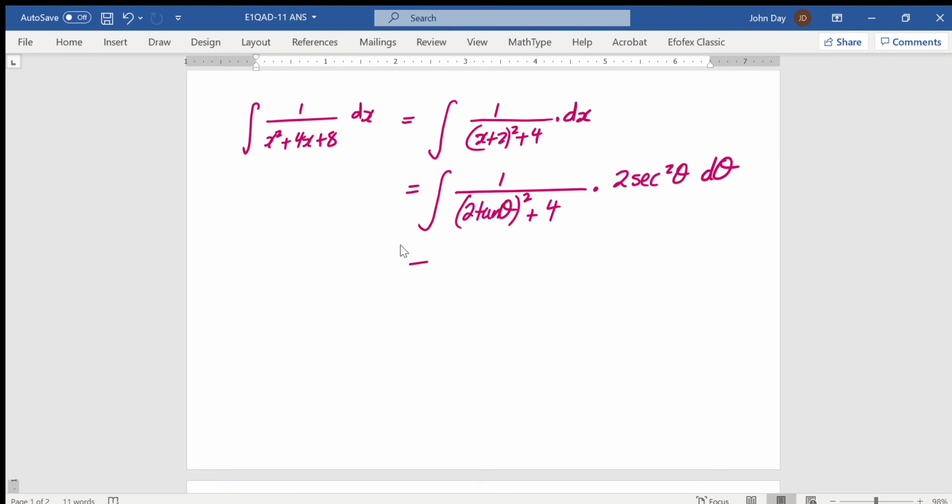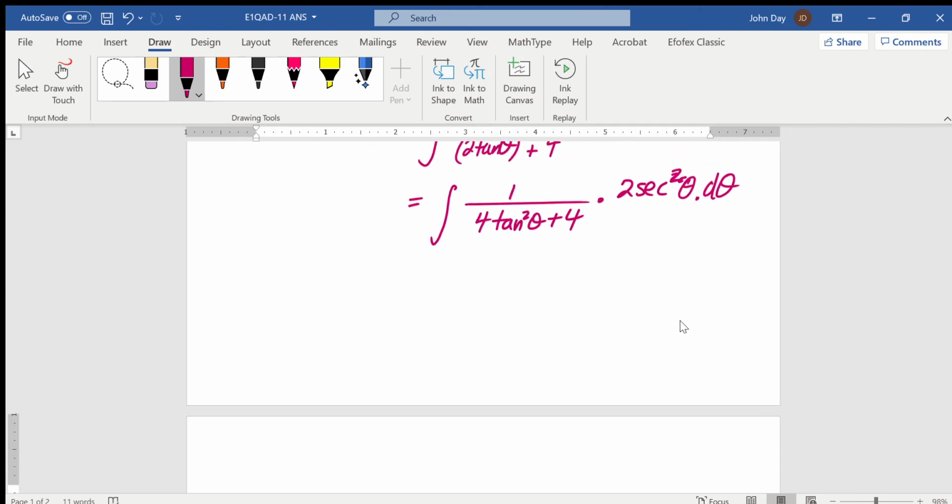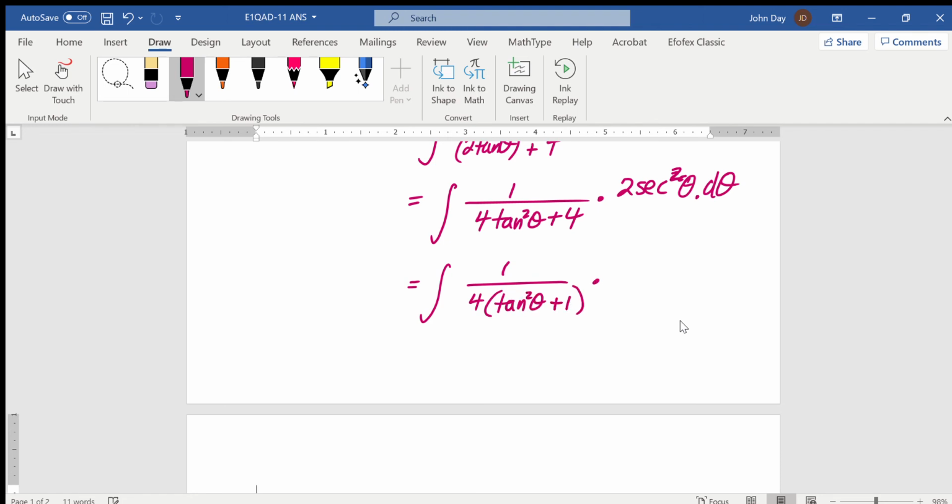All right, now this is the integral of 1 on 4 tan squared theta plus 4 times 2 sec squared theta d theta. Oh, my pen's decided to bail out. Now I'm going to factorise that 4 out of the bottom line, and this is, I guess, again, experience, but we should be familiar now what tan squared plus 1 is equal to.